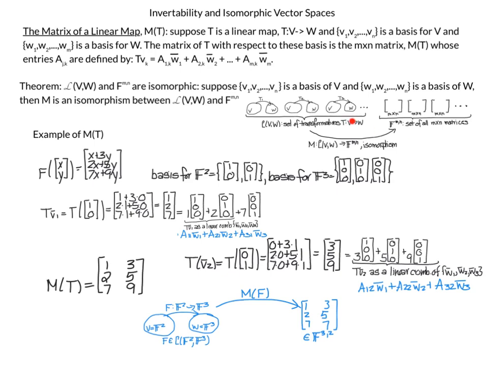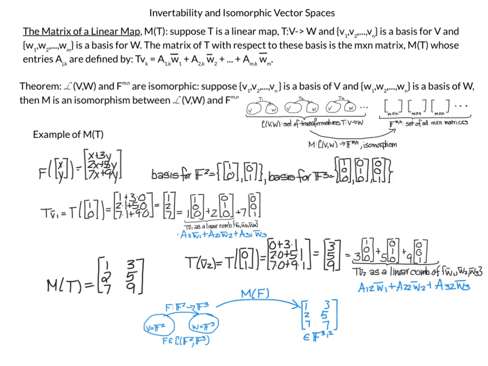And for my last example, to hopefully tie a lot of this together, looking at this theorem, the space of linear maps from V to W and the space of m by n matrices are isomorphic, kind of this picture here. I'm going to bring back an example that we had when we talked about matrices of transformations.